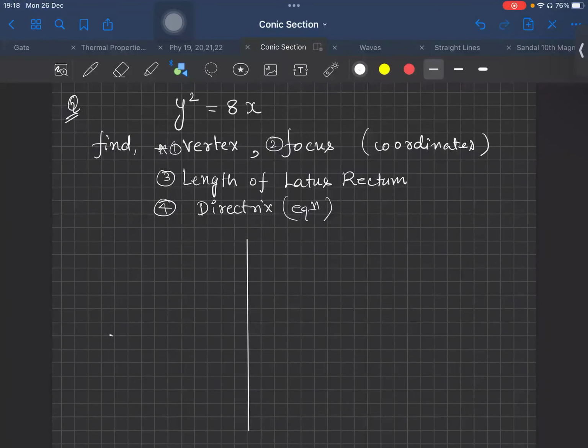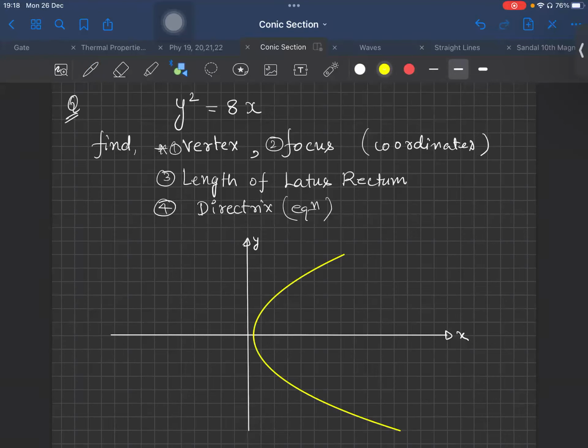These are our axes, x and y. If you draw this one, you will get a parabola passing through the origin.